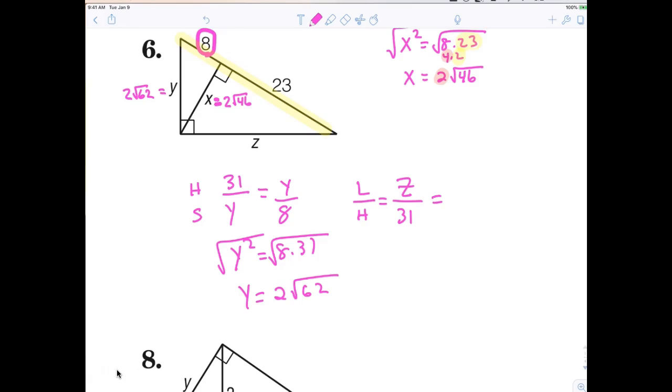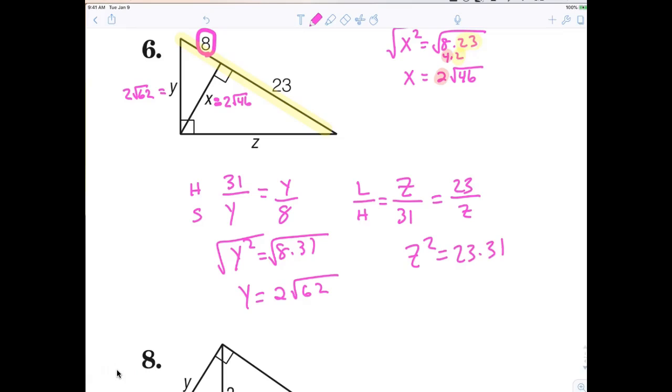So let's look at the middle triangle. Z is the what? Yeah, it's all right. Z is the hypotenuse. And 23 is the long leg. Everybody agree with that? And so now when I cross multiply, z squared equals 23 times 31.